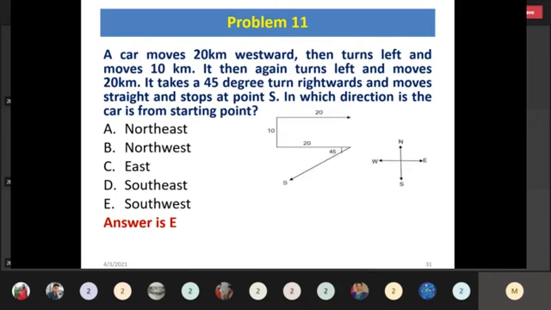Now problem 11. A car moves 20 kilometers westward and turns left and moves 10 kilometers. It then again turns left and moves 20 kilometers. It takes a 45-degree turn rightwards and moves straight and stops at a point S. In which direction is the car from the starting point?